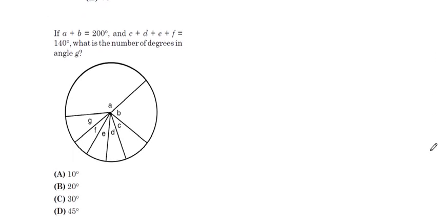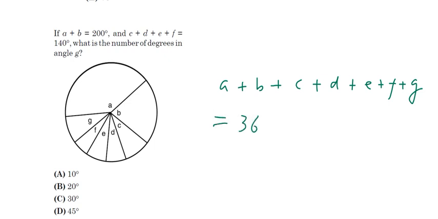And one circle is 360, right? So here we have angle A plus angle B plus C, D, E, F, G, all around one circle, so this is 360.